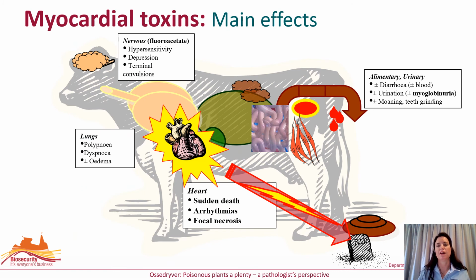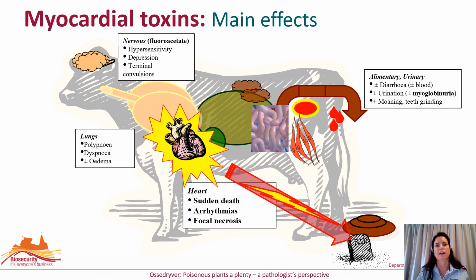Obviously, the heart is the main organ affected by these compounds. The rate and rhythm of the heart may be affected. Animals may have difficulty breathing and may die suddenly, particularly if handled or exercised. The lungs, gastrointestinal tract, nervous system and sometimes kidneys may be involved either directly or secondarily.